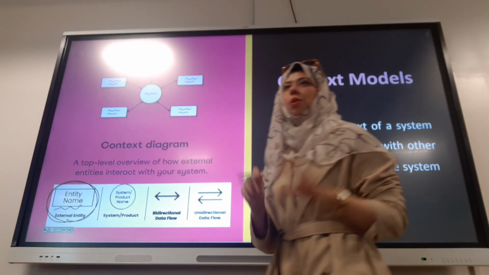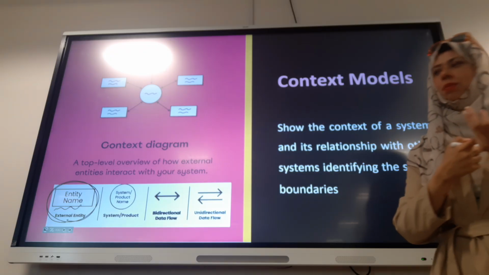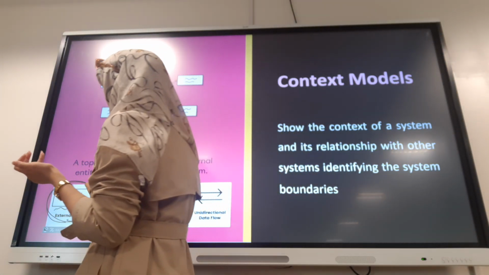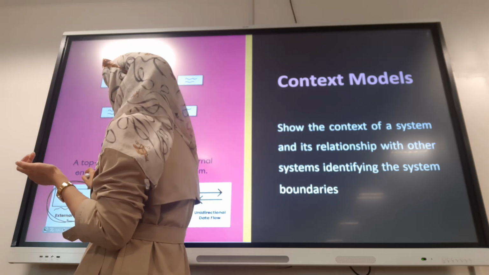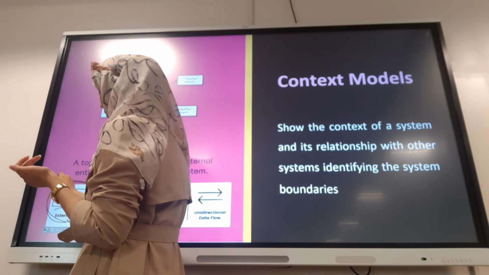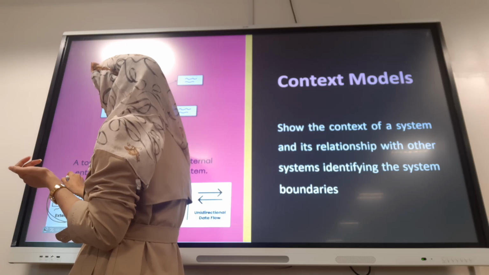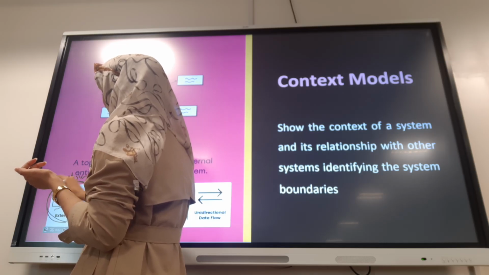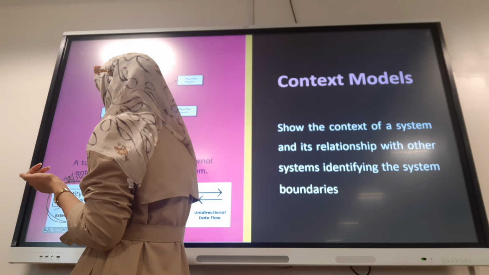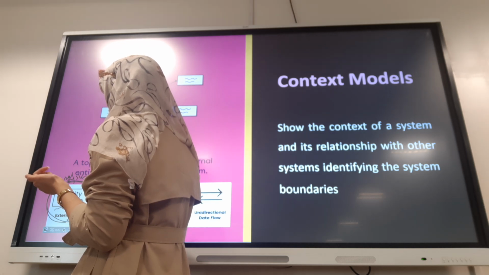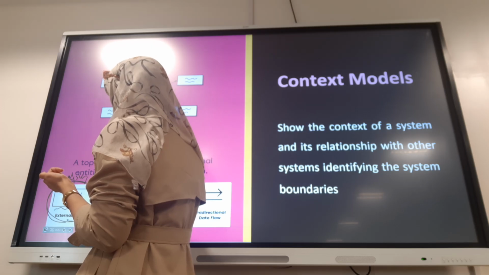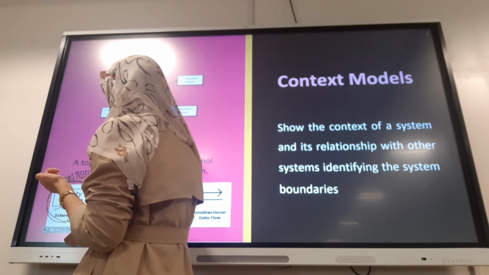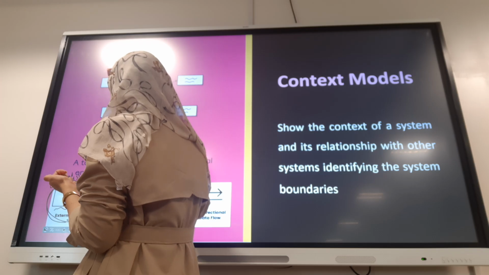So again, this can be a system, component, external system, hardware or software, human or object.